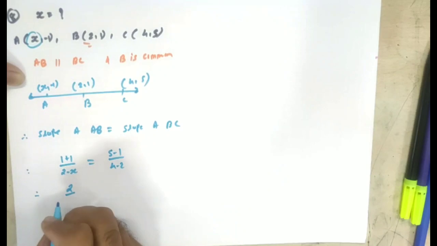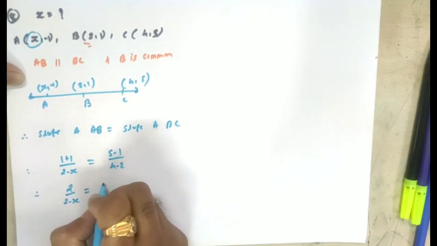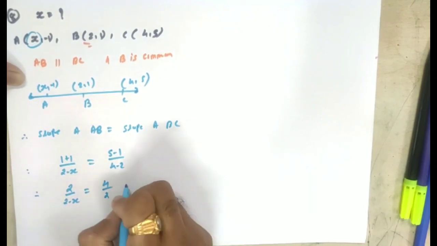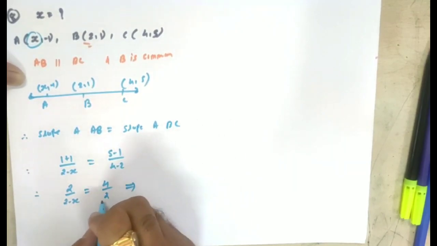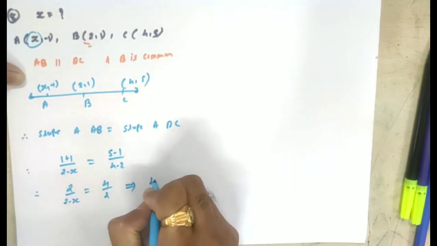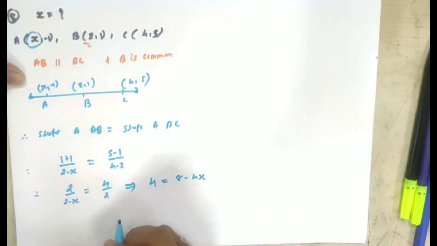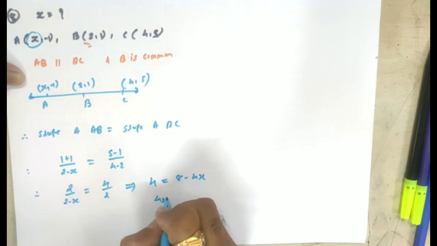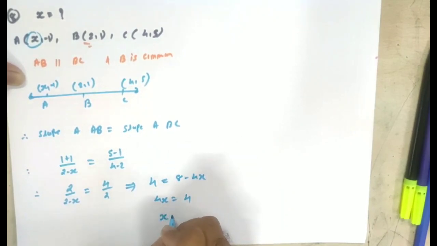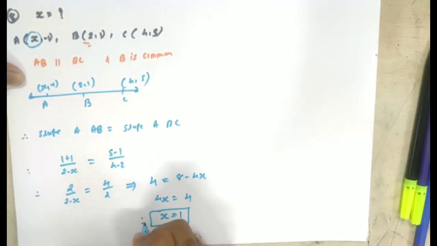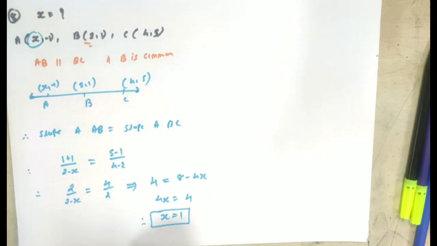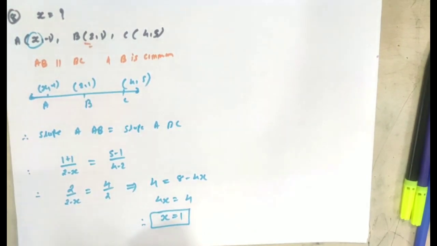This one is 2 upon 2 minus x equal to 4 upon 2. Implies cross multiplication: 2 twos are 4, this will be equal to 8 minus 4x. So 4x equal to 4, and therefore x equal to 1 is the answer.